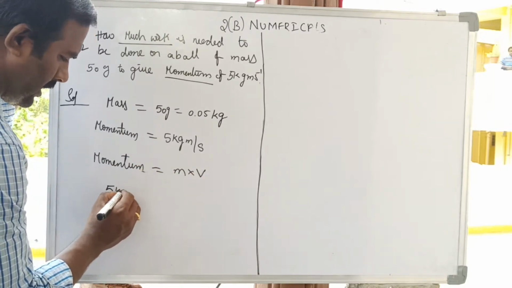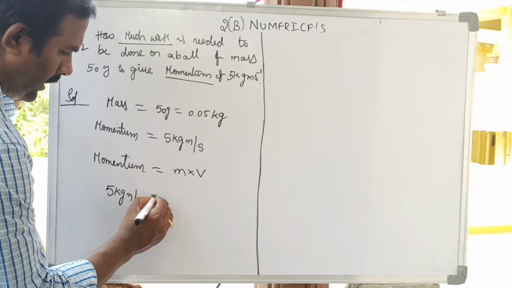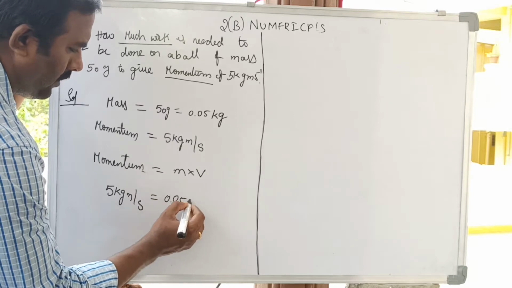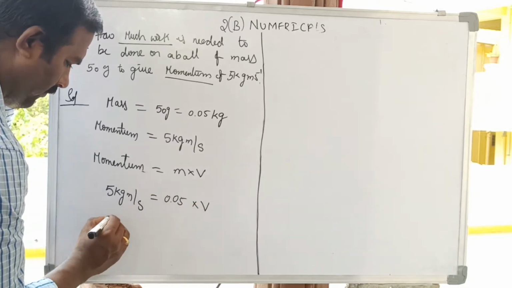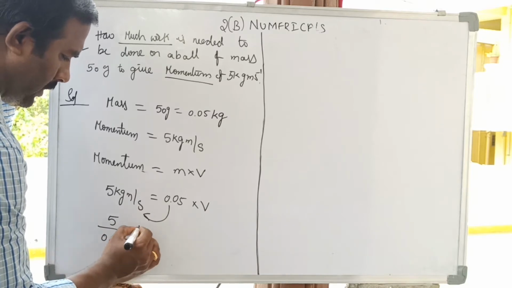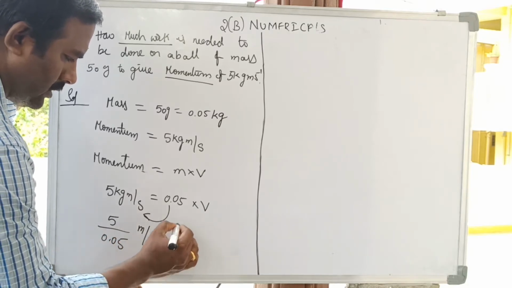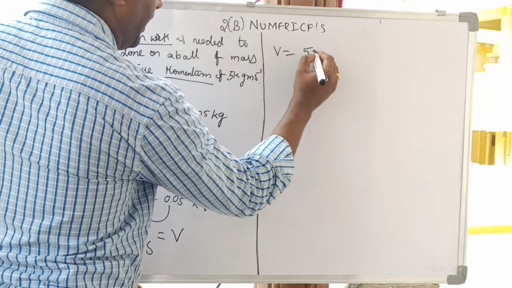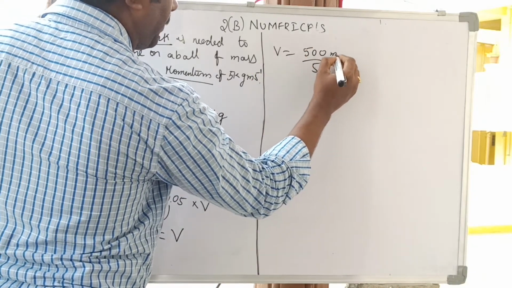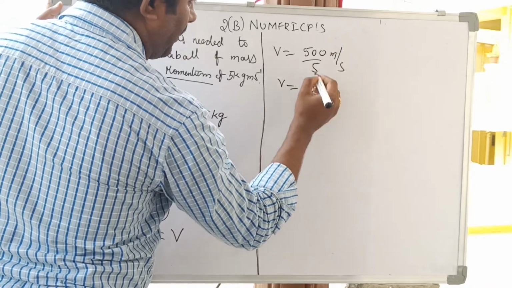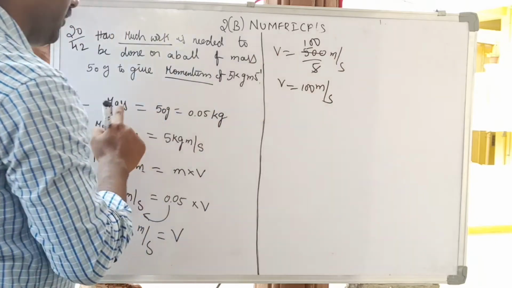Momentum is 5 kg meter per second, mass is given as 0.05, into velocity. So 5 by 0.05 meters per second will be the velocity. So I can write it as 500 by 5 meters per second. Velocity is equal to 100 meters per second. 5 ones are 5, so 500 by 5. So we got the velocity.